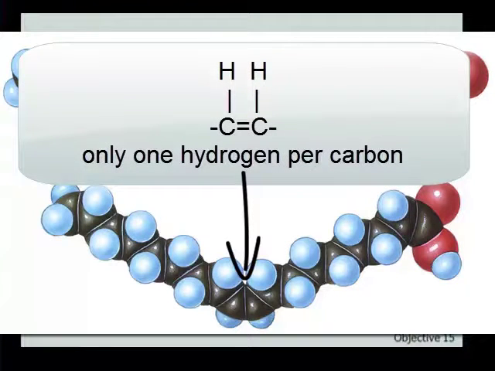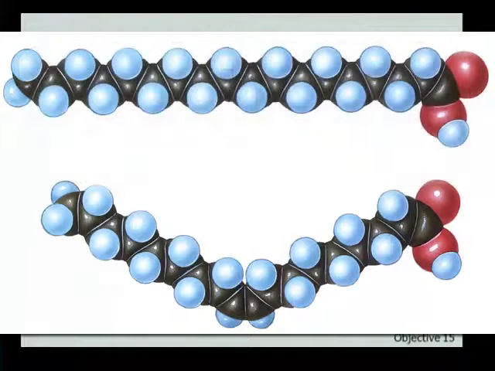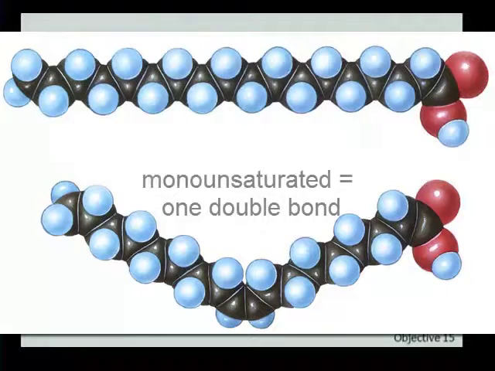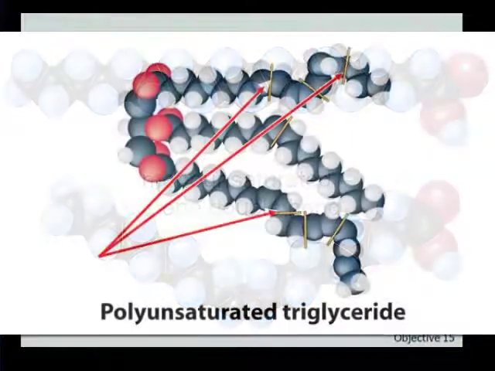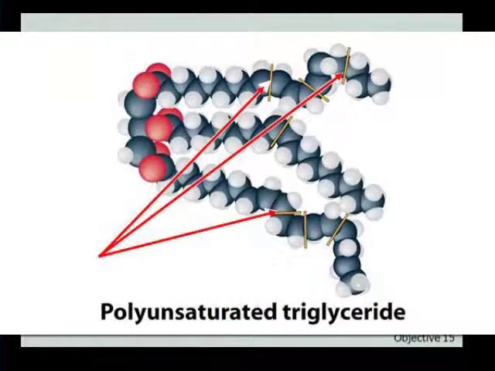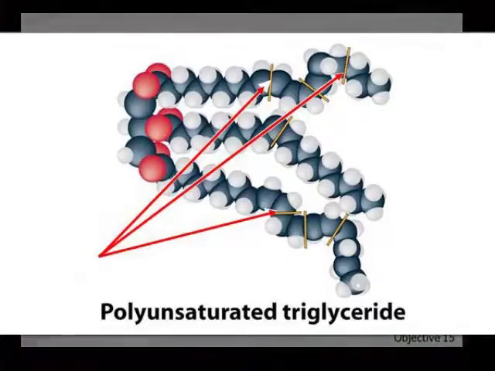We see a double bond here. If there's one double bond in this lipid tail of a fatty acid molecule, then we call these monounsaturated fatty acids. If there are multiple double bonds in this fatty acid tail, which is going to put many kinks in the fatty acid tail, that's going to be called polyunsaturated.